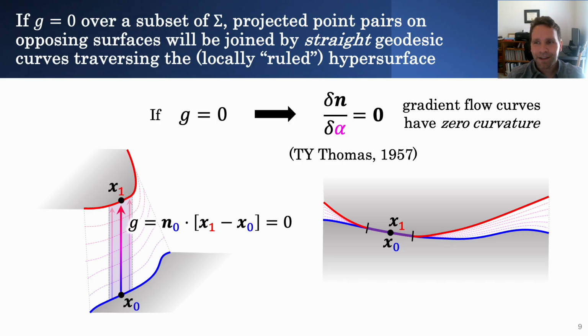And moreover, if contact is to be exactly enforced, then I insist that this differential gap function should be equal to 0 everywhere over that subset of this hyperdimensional surface. Now, if that's the case, taken in combination with our other condition of zero normal curvature, it's possible to show through a few manipulations, and I think Thomas probably has some of the details there.